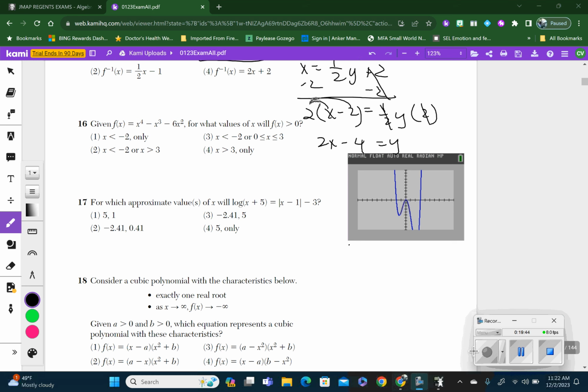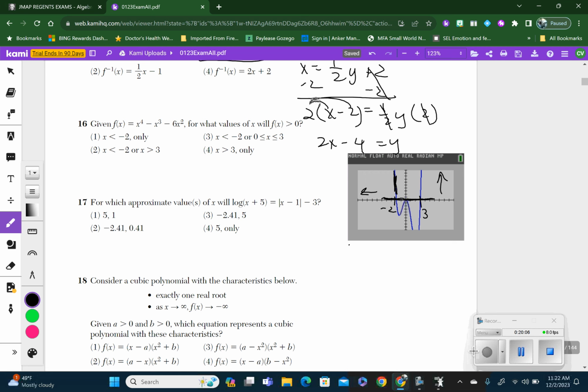So what we want to see is, where is y positive? So y is positive everywhere here, right? So this number right here looks like it's going to be -2. So at -2 and to the left is positive, and over here, this number right here is 3.